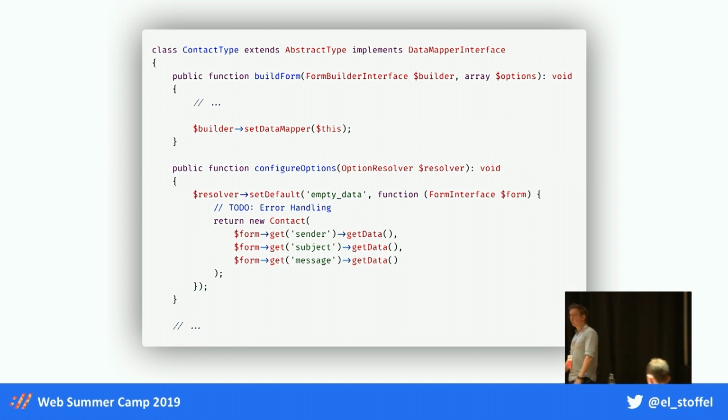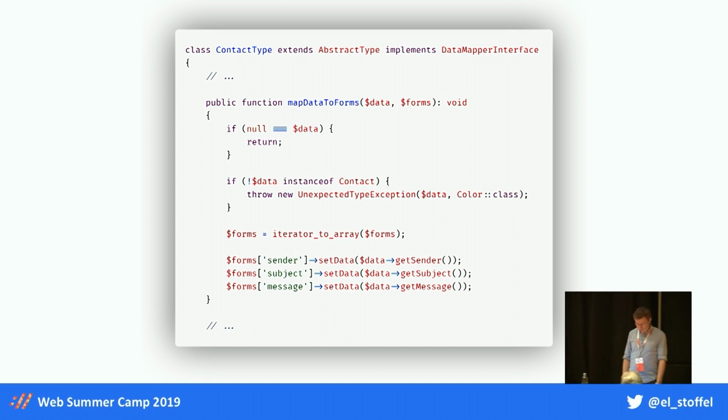For example, we can use a closure for the empty data, and we will get the FormInterface and can just create a new object and hand over the data from the form fields. Right? We have the form instance and get the fields and the data on it.